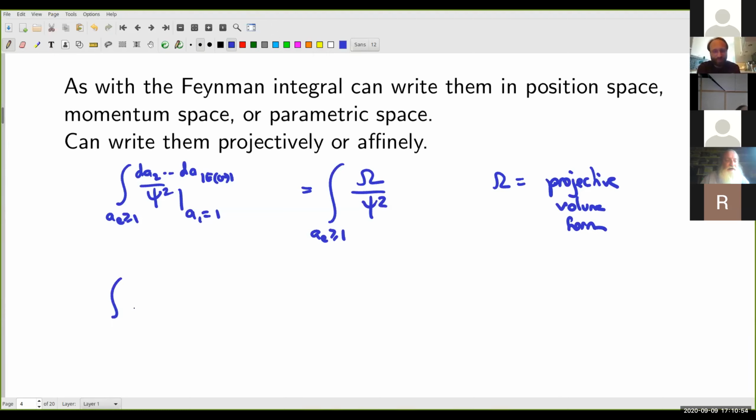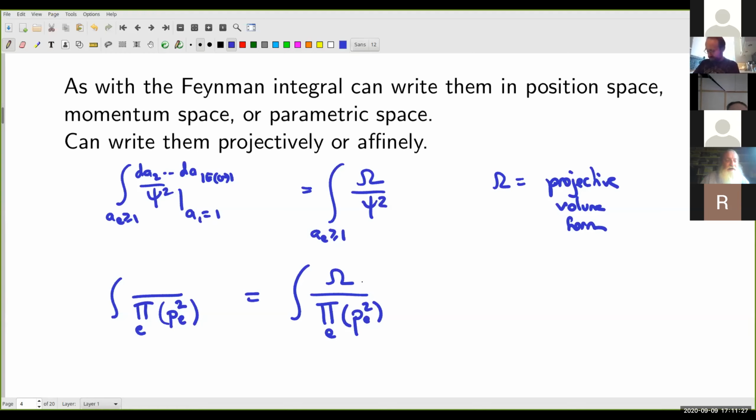So, maybe I would like to write this thing in momentum space. So then what am I really doing? I've got some product over the edges of the graph. And what do they each have? Well, they each have some momentum of the edge. And then I better square it. And then, okay, that's pretty good. And then I could write that affinely, or I could write it projectively. Let's write it projectively first.